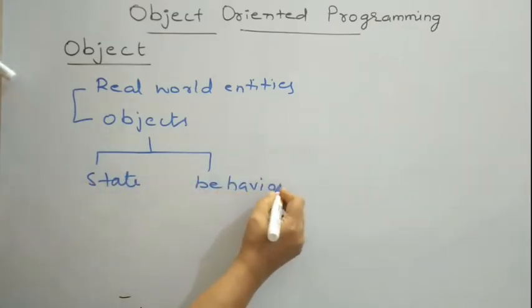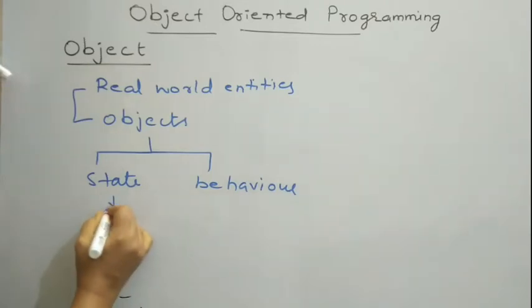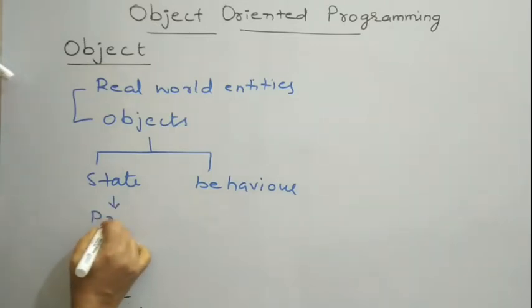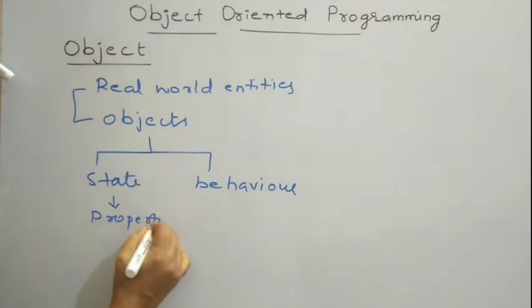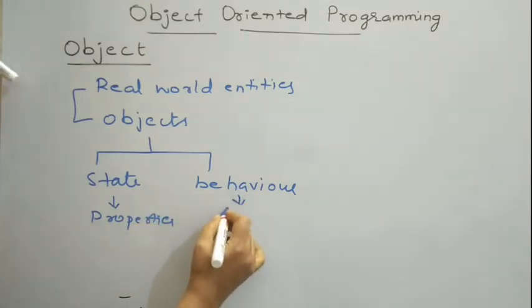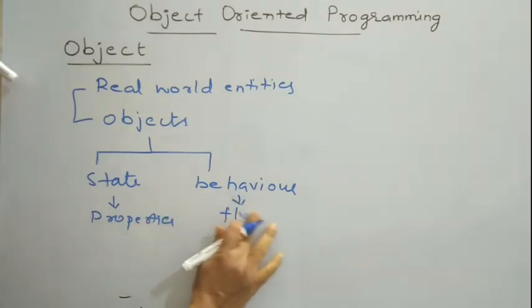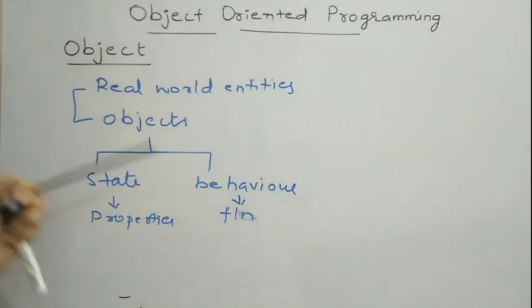State represents its properties, and behavior represents the functionalities. So behavior represents functionality, state represents properties. An object has state and behavior.